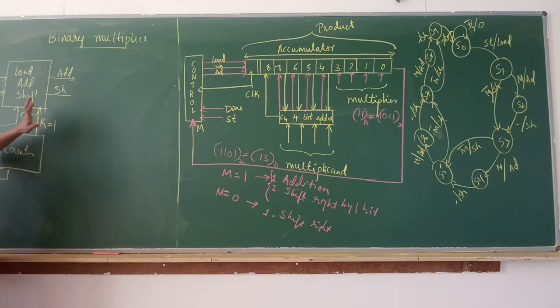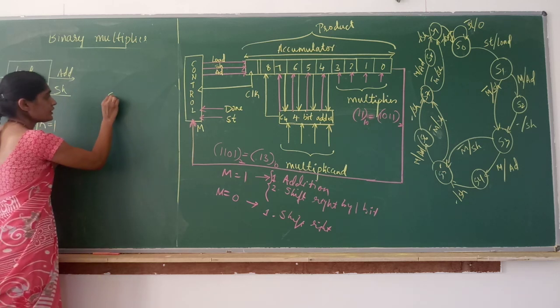If we are doing this for n-bit binary multiplication, then we will have to divide the control unit into a separate section which is called the counter. Until and unless k is 0, the addition process will be exactly the same way as we have discussed.